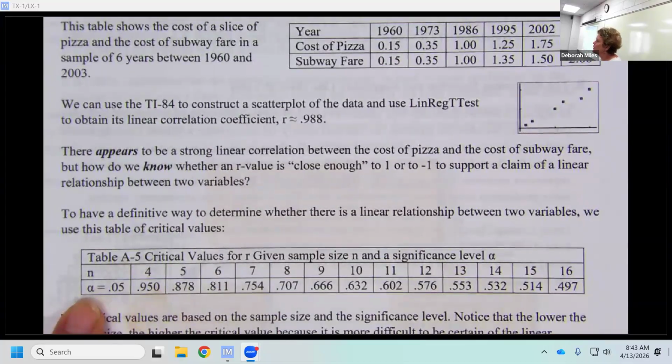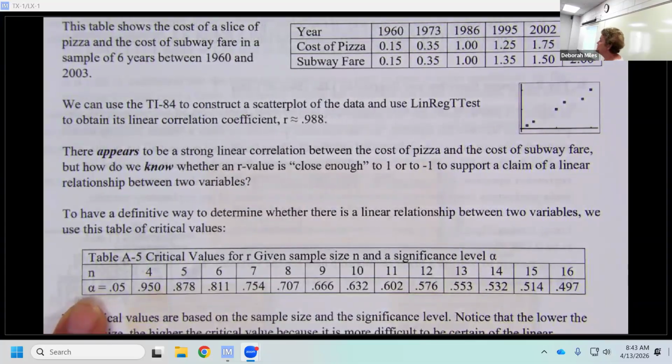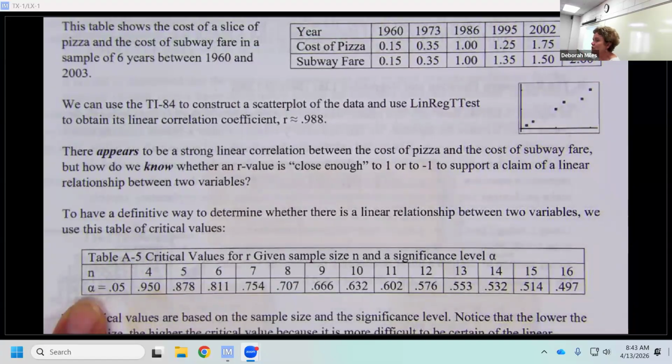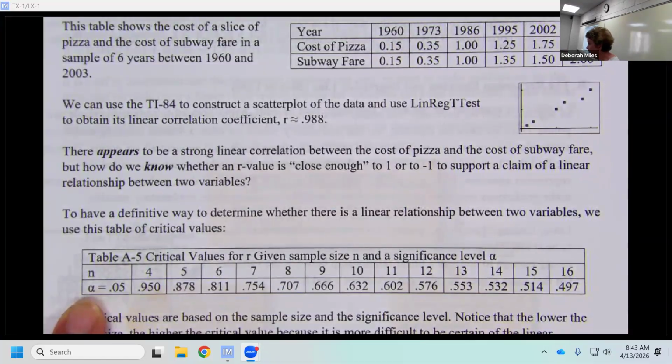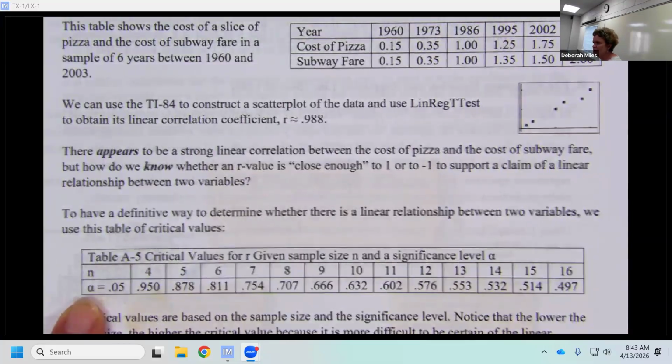That is how certain you need to be. When we do hypothesis tests in chapter 9, we're going to say the more consequential the results of your data or the decision that you make based on your data, the stronger significance level you have to have, or the more confident you have to be in your decision.